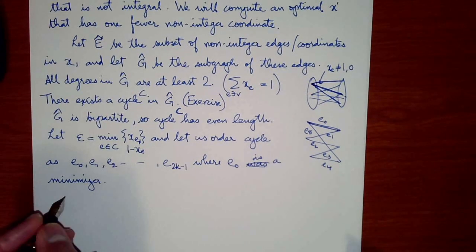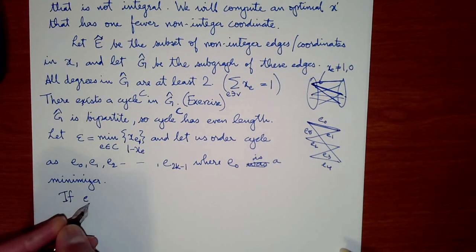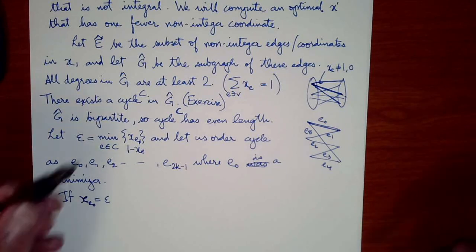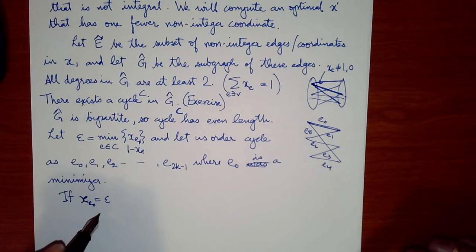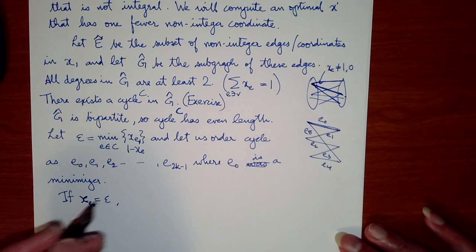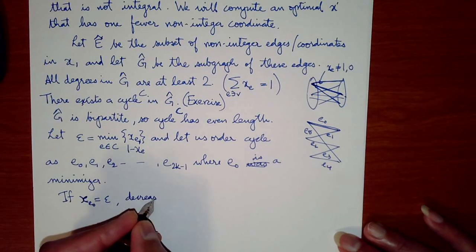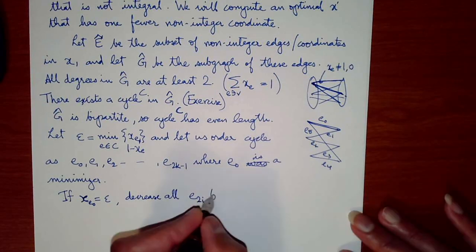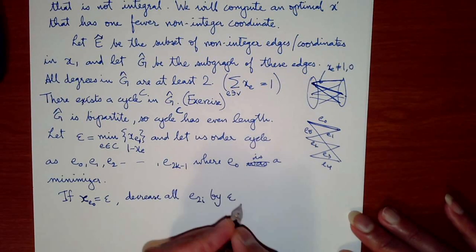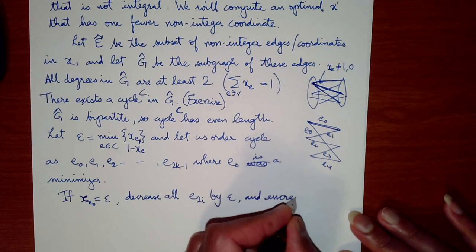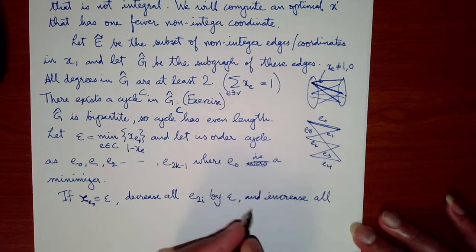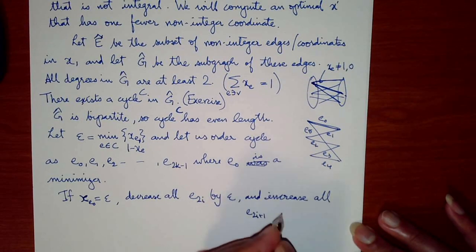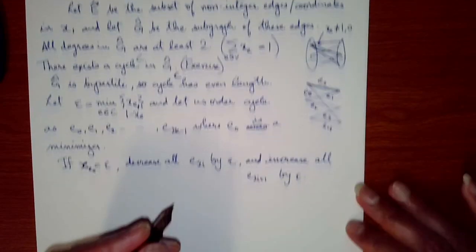Now if xe0 is equal to epsilon, so if the minimizer was xe0, then I simply decrease all e of 2i, all the even ones, by epsilon, and increase all e of 2i plus 1 by epsilon.